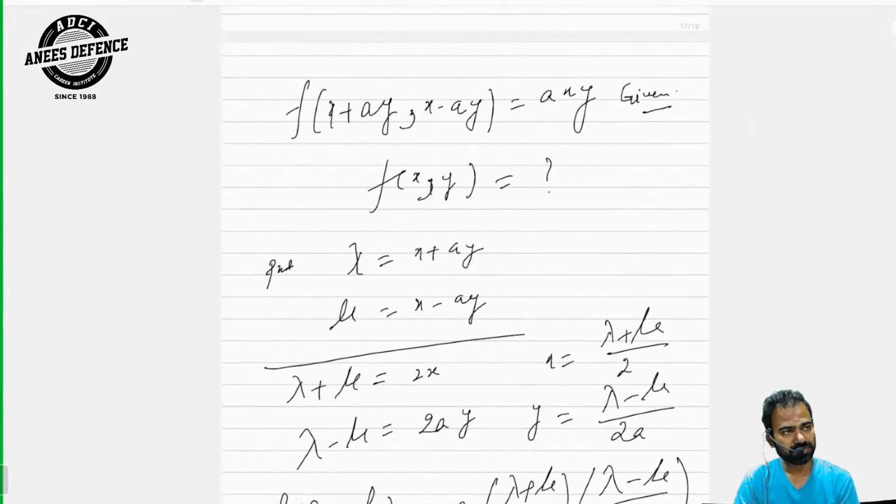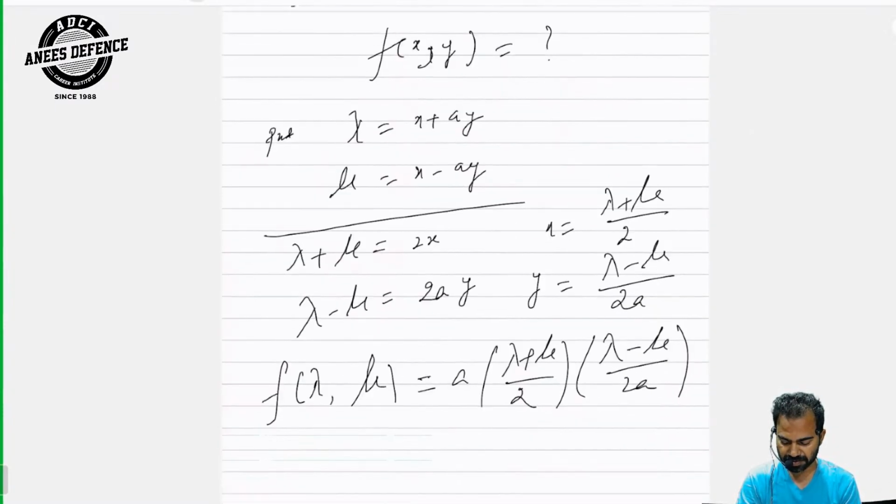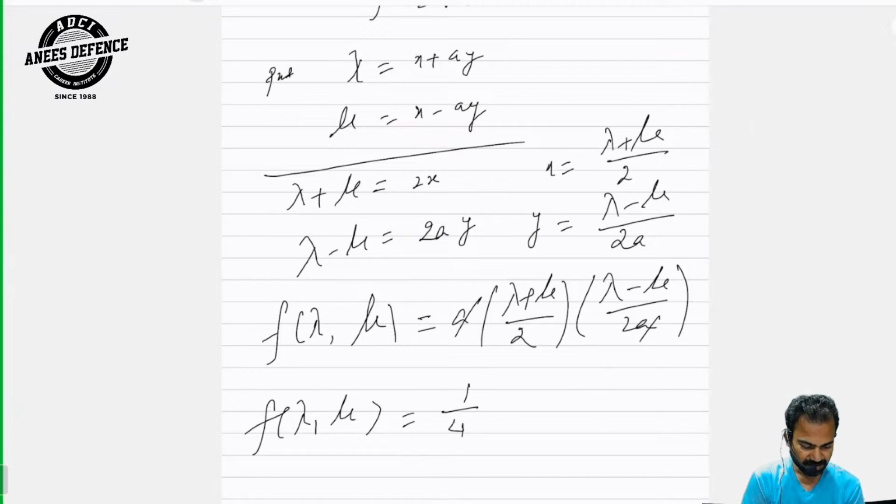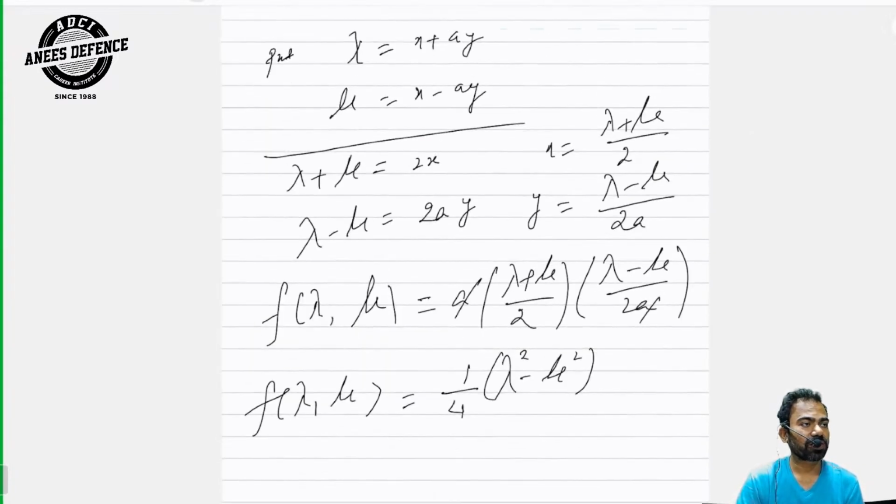Yes, only substitute. A will cancel out, so this is 1 by 4 times lambda plus mu, lambda minus mu, which is lambda square minus mu square.